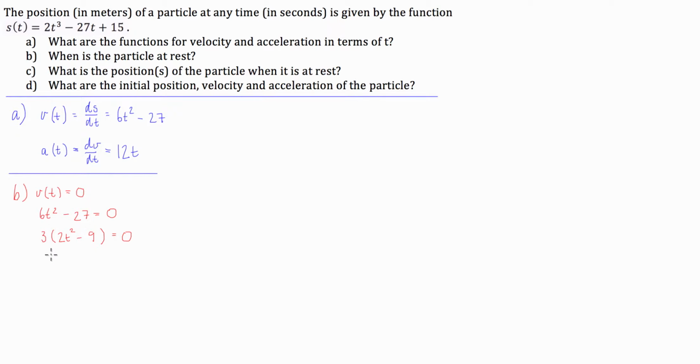Now the setup here is you can factorize the inside here using a difference of perfect squares. So I'm going to write this as 3 outside of the square root of 2 times t plus 3, the square root of 2t minus 3.